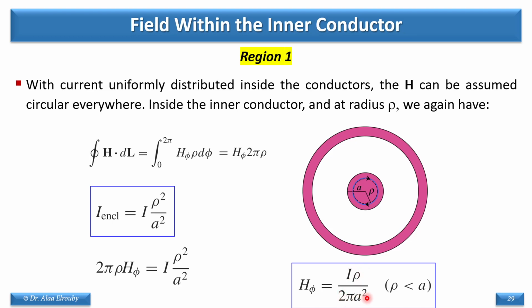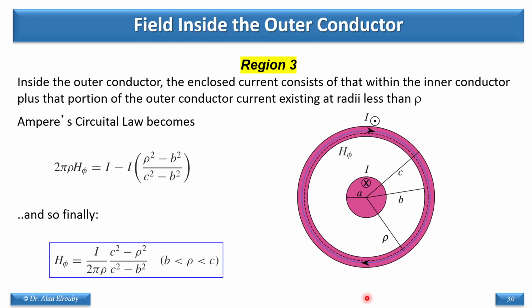If we go for region number 3, which is, in my opinion, the most difficult, the most problematic in calculating, we'll do the same thing. The field is circulating in the phi direction. It's equal to 2 pi rho multiplied by H, and it's equal to the current I minus some part of the current flowing on the outer conductor.